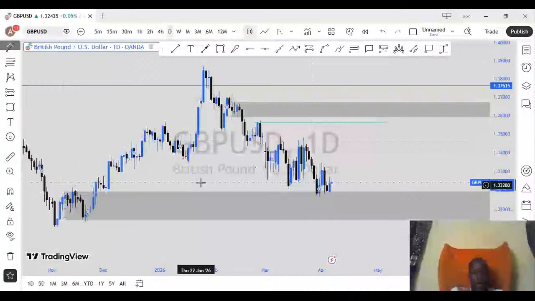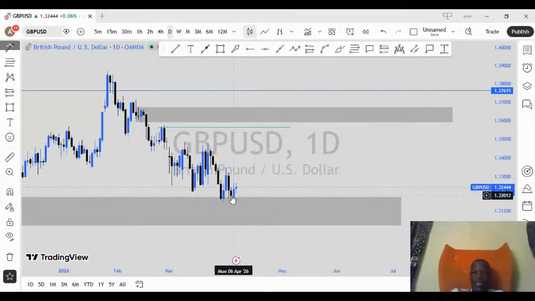So we don't want to buy, it is counter trend on this daily time frame, but we want to wait for the sell to hold. If you are buying on this level, that means you want to risk.